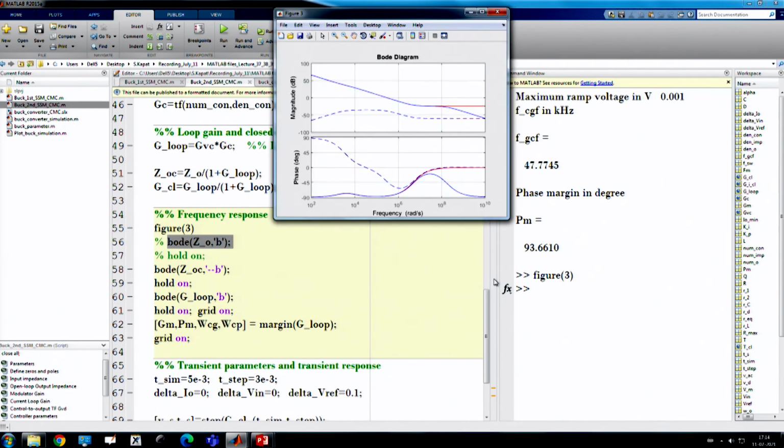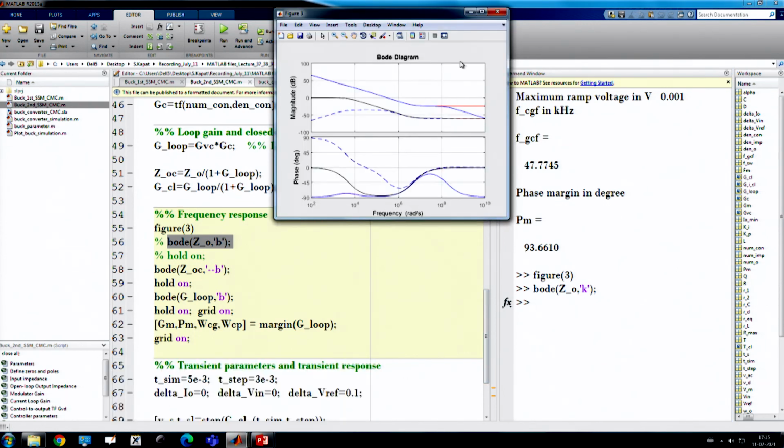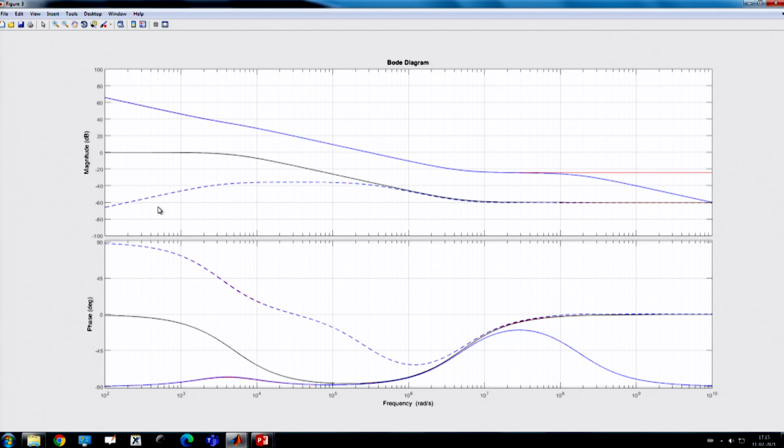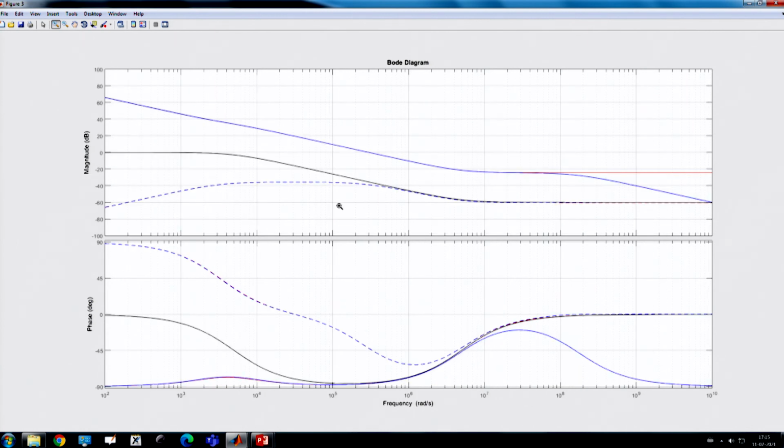We want to plot board A, the output. These are my closed loop output impedance because of the outer loop closed, and at high frequency they are actually.